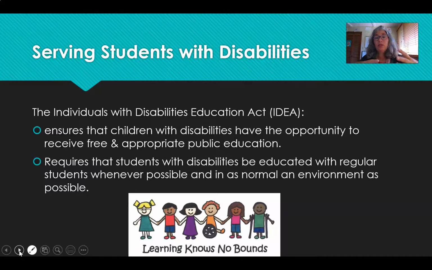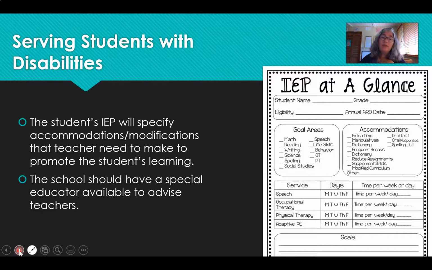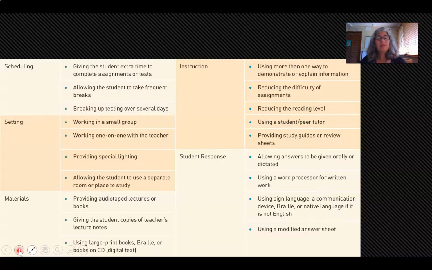It's the idea of inclusion rather than separation. The student's IEP will specify exactly what kinds of accommodations or modifications that student might need in the classroom. And the school should have a special educator there to assist with this process.